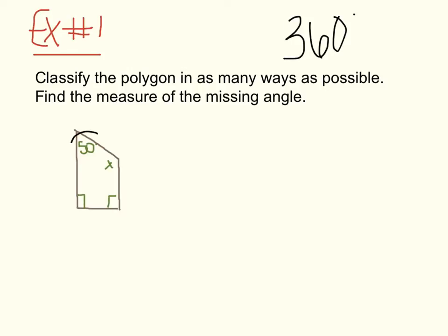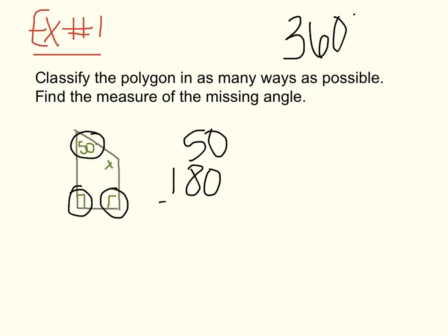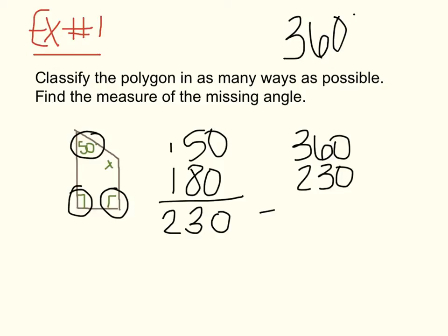So we're going to add up what we already know, 50 plus 90 plus 90. And I know that 90 and 90 equals 180. So I have 230, and then I just subtract that from the total, which is 360. So the measure of my missing angle is 130 degrees.